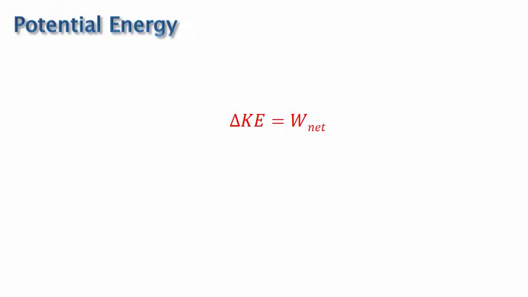As you should recall, the work-energy theorem states that a change in the kinetic energy of the system is equal to the net or total work done to the system. So now what we're going to do is split up this net work into work by conservative forces and non-conservative forces. And then we'll rename the work by these conservative forces to be the negative of the change in the potential energy of the system.